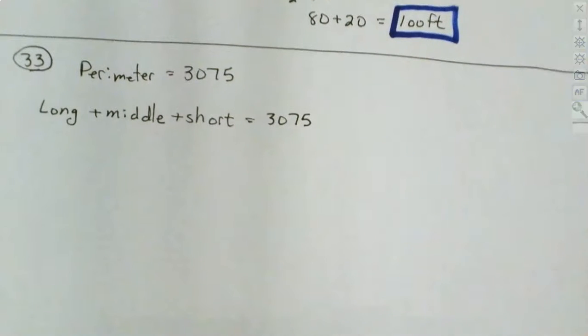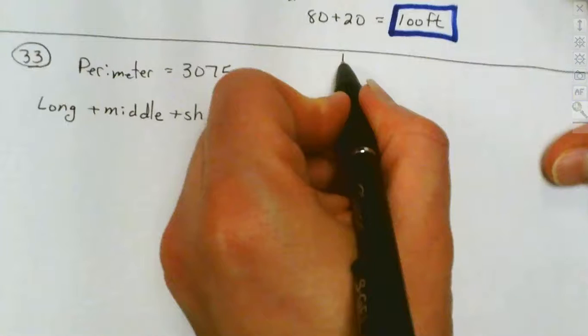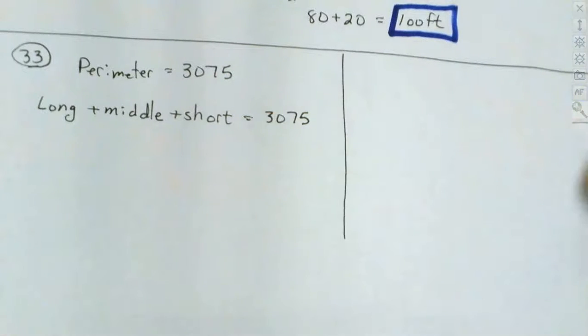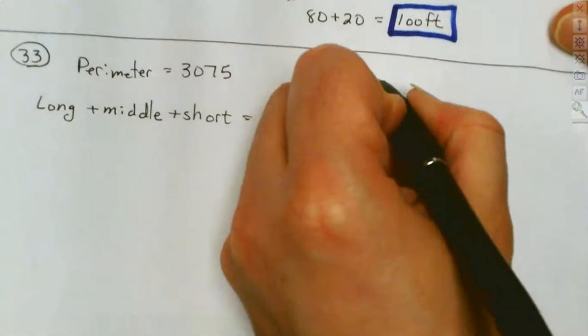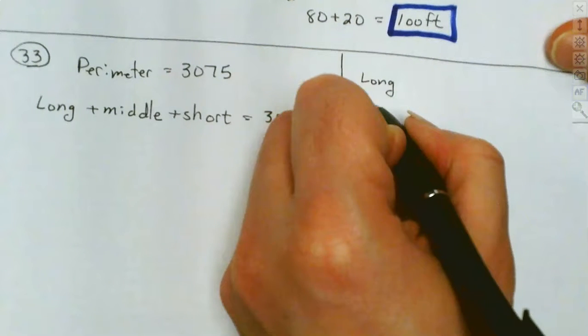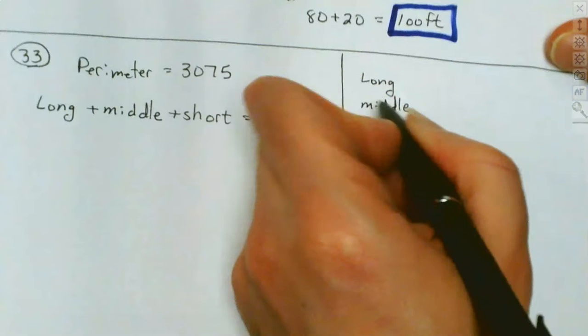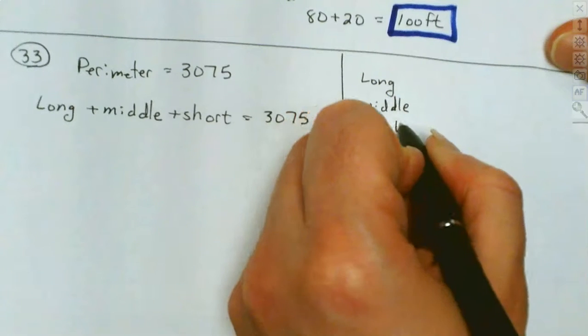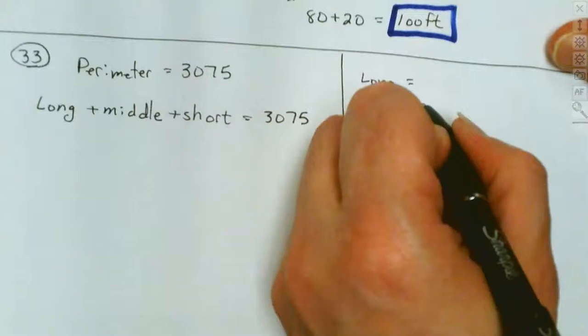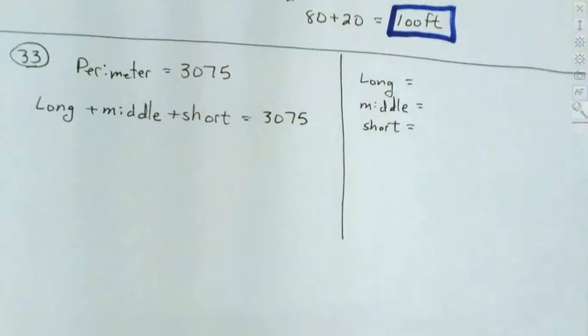This one's a little bit more difficult because we need to come up with our equation, and we need to see how all the sides relate to each other. So we got the longest side, the middle side, and the short side. So now we need to read the second half of this question and figure out what goes where.